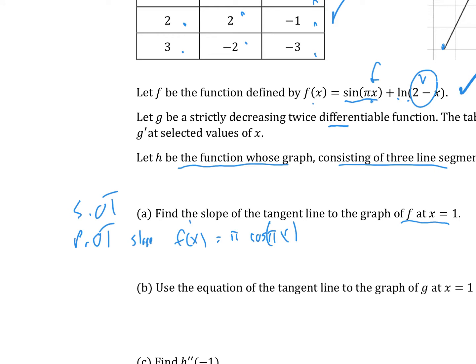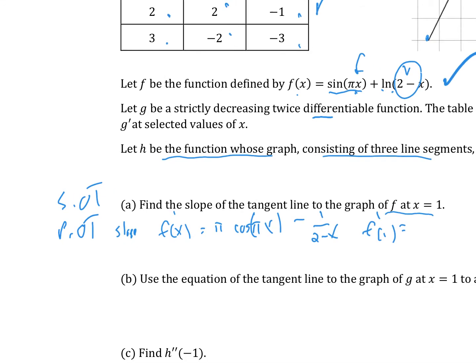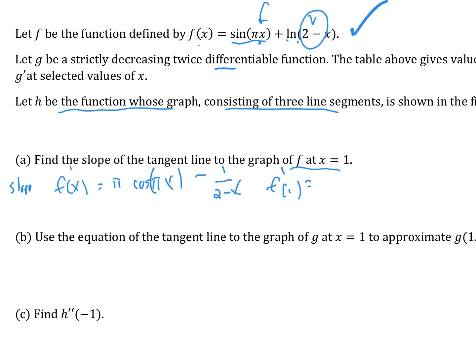The derivative of 2 minus x is going to be a negative 1. So I could go plus negative 1, or I may just say minus 1. There's my du over u, over 2 minus x. Now I needed f prime at -1. So that gives me pi times cosine of pi.